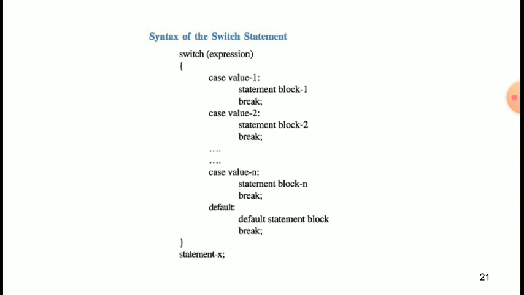Seventh, a statement block may contain zero or more statements, and there is no need to use braces around the statement blocks. Eighth, each case statement of a switch ends with a break statement, causing the exit from the switch. Then the flow of control is transferred to the next statement, statement X in the program.